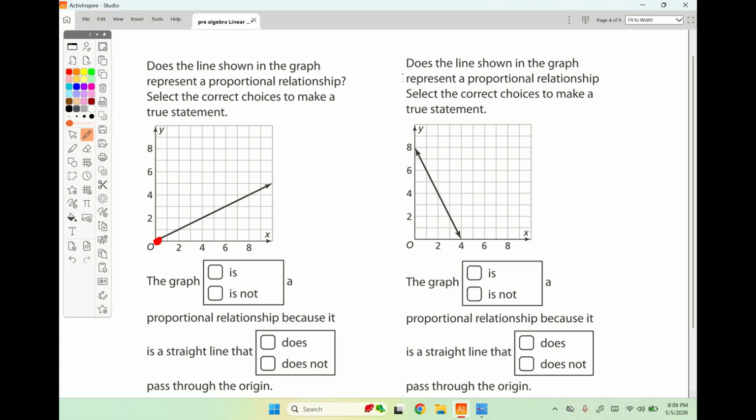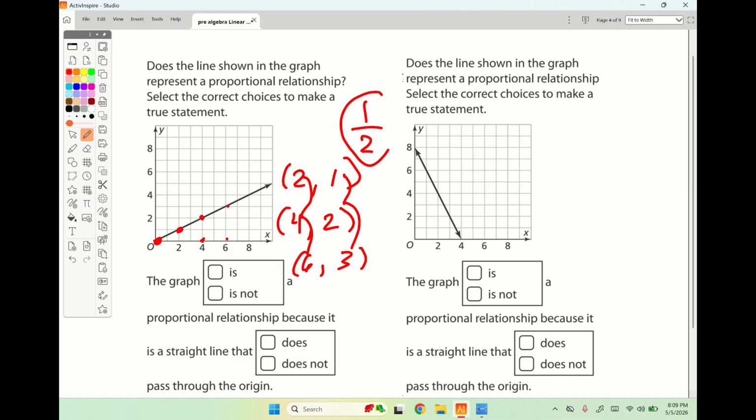That's a proportional relationship, because it is a straight line that does go through the origin. Origin is 0, 0. Remember, that's necessary to be proportional. Now this one is not a proportional relationship because it doesn't go through 0, 0. So we put does not.